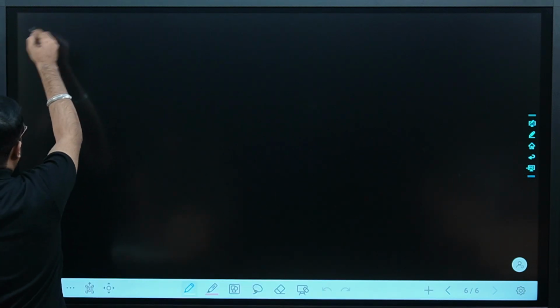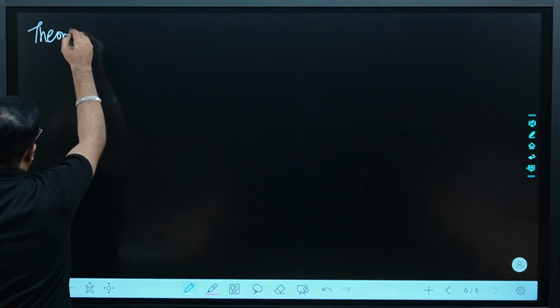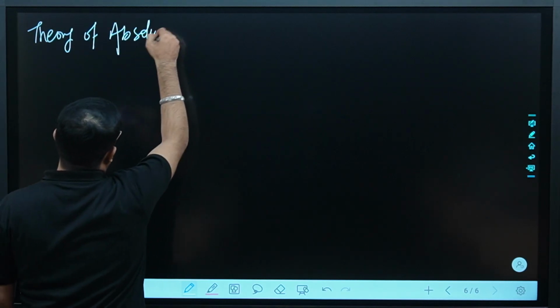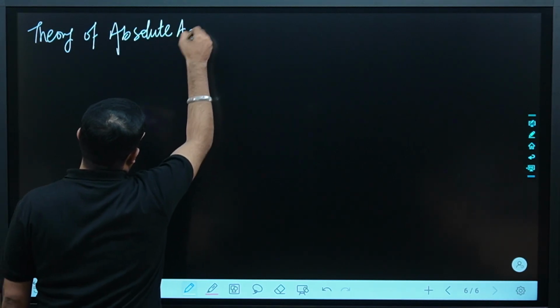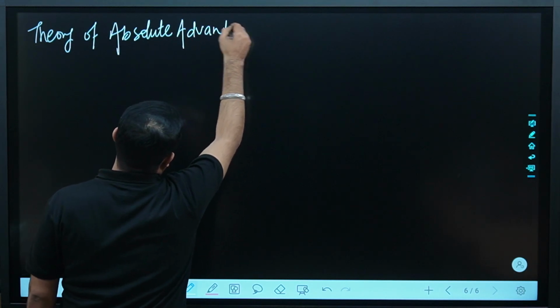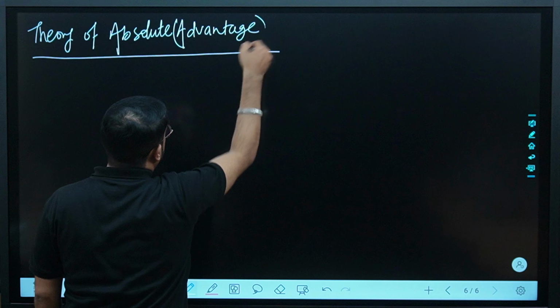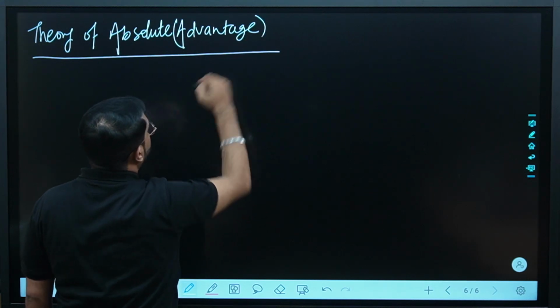Moving on to second theory, that is theory of absolute advantage. Advantage in what sense?